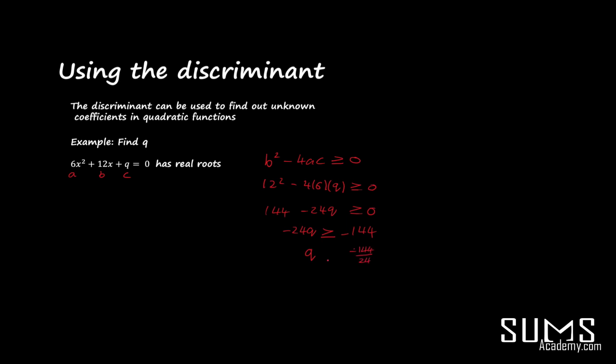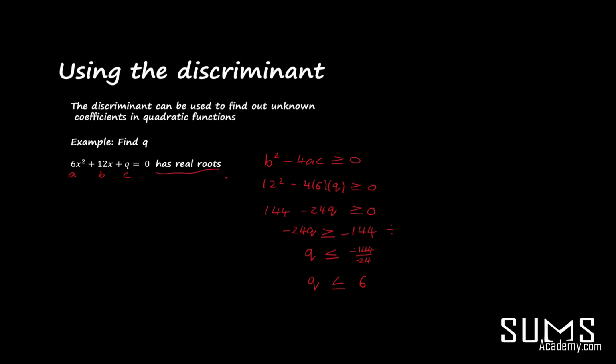The reason I paused there is because remember, when you divide by a negative, you change the sign of the inequality. So q is going to be less than or equal to 144 over 24, which is 6. So we're saying q has to be less than or equal to 6 for this to be true.